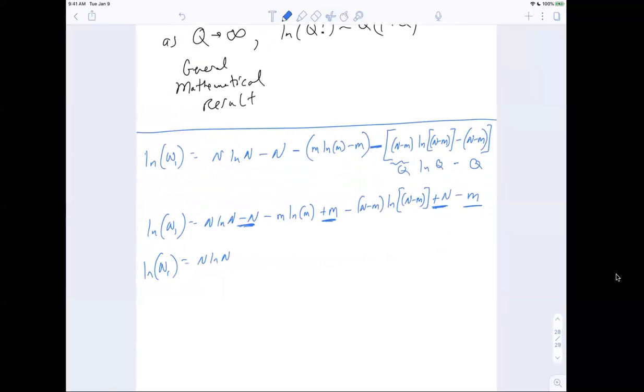So we have m natural log m left, which takes care of this term, and then we have one final term left, which is minus n minus m times the log of n minus m. Any questions or comments?